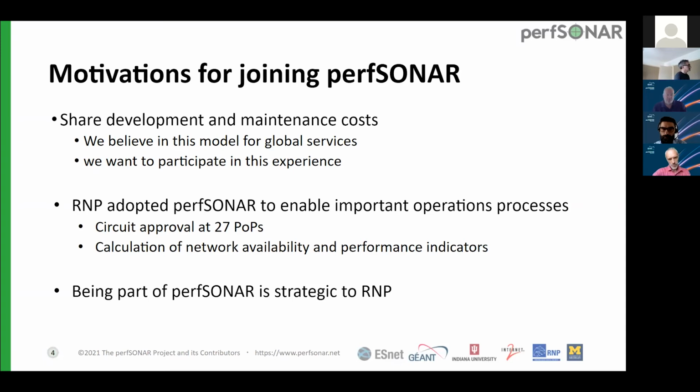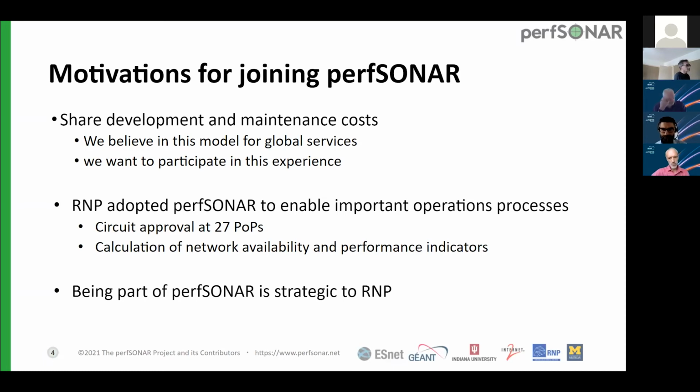So before activating a circuit, we run some tests for 24 hours and try to see if the results match what has been contracted. Also, the ping mesh tests of perfSONAR are used for calculating our network availability and some performance indicators that we use yearly to justify RNP results to our contractor, the Ministry of Science and Technology.